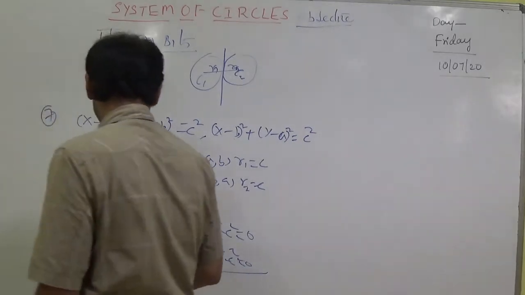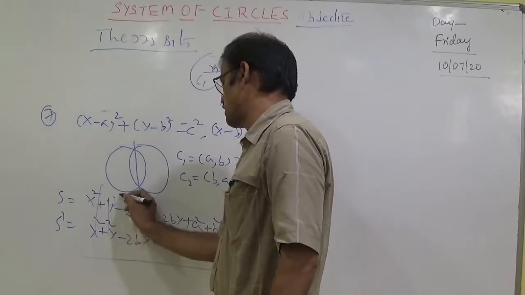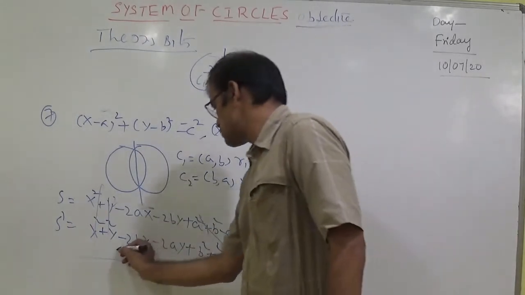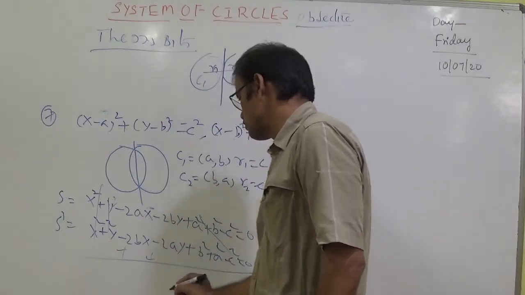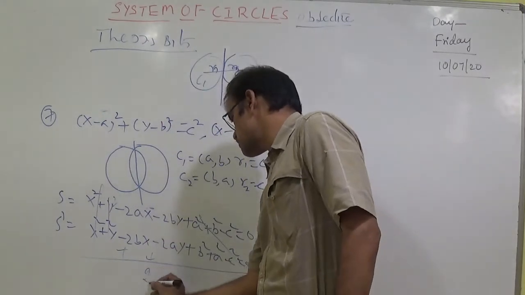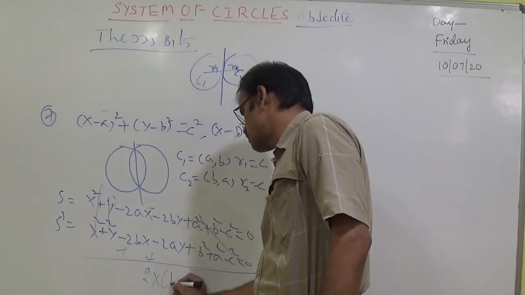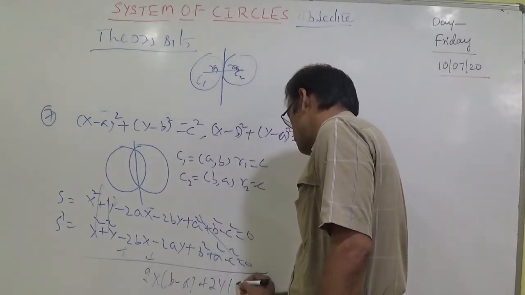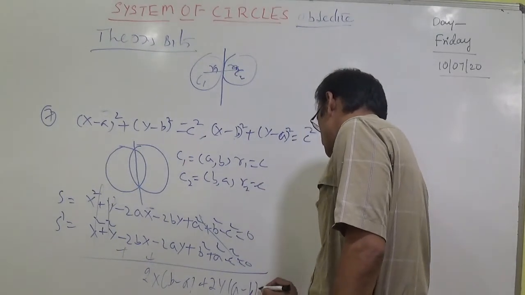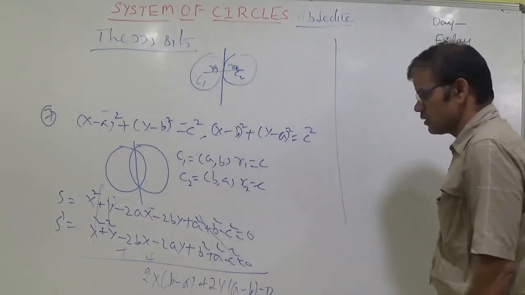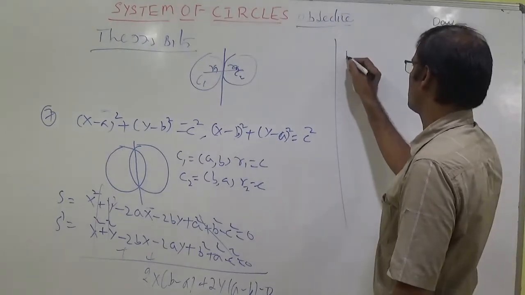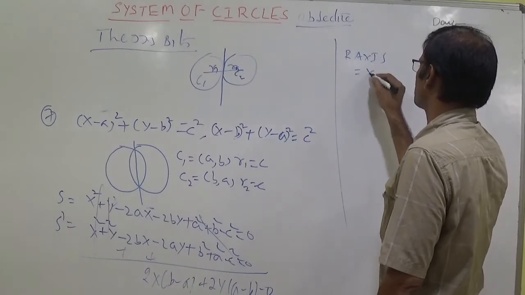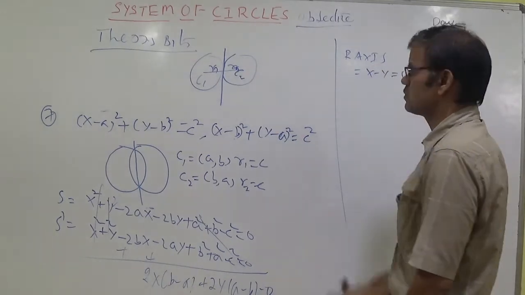By subtracting 2 from 1, x square and y square get cancelled, and the a square and b square terms also get cancelled. Taking 2x common, it becomes b minus a, plus 2y common, it becomes a minus b, equal to 0. If we divide by b minus a, the radical axis is x minus y equal to 0.